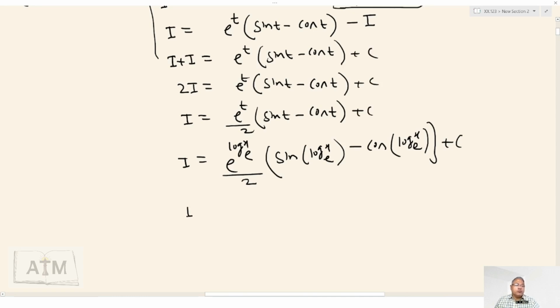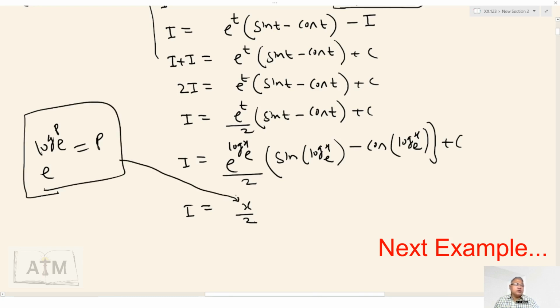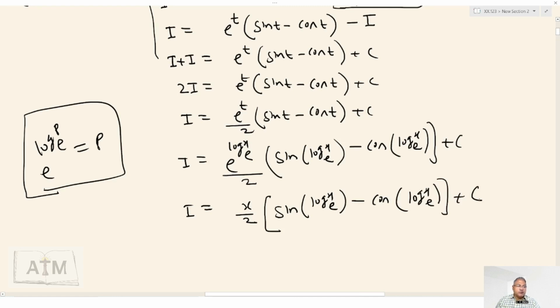Now by using the logarithm property, this becomes x. You might know the formula e raised to log p to the base e equals p. This is a logarithmic property. By that property, this x has come. So x upon 2, sine of log x to the base e minus cos of log x to the base e, plus c. This is the required solution.